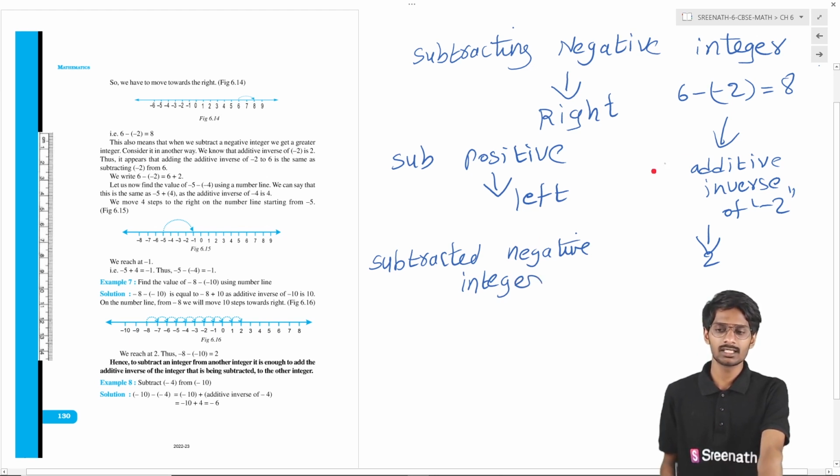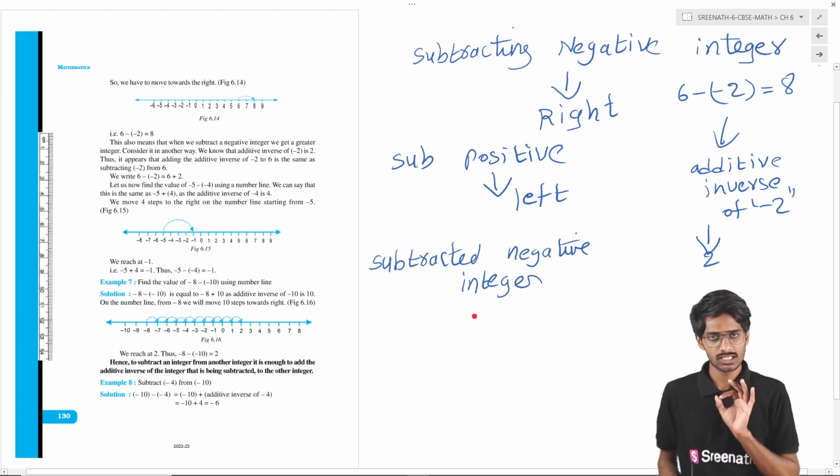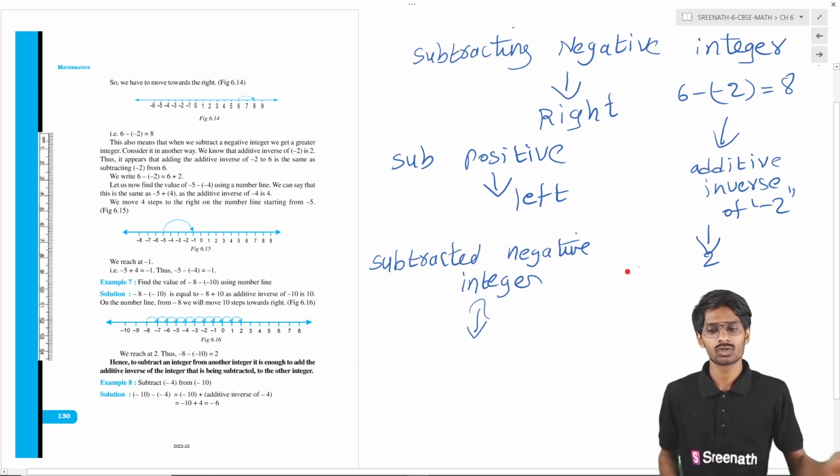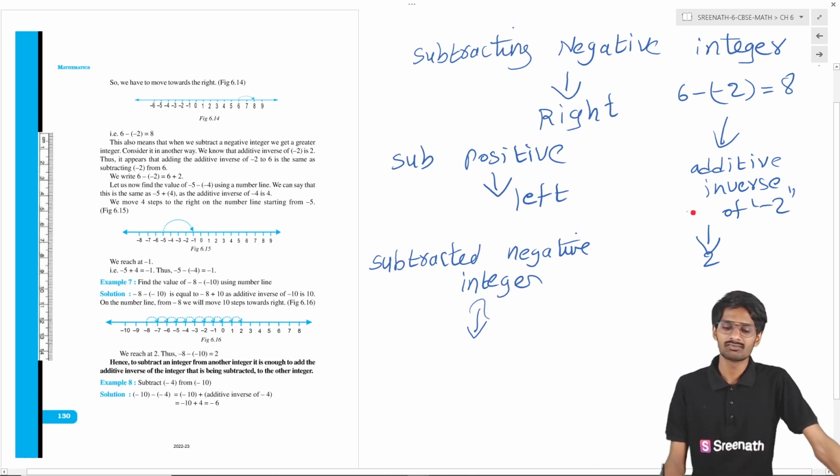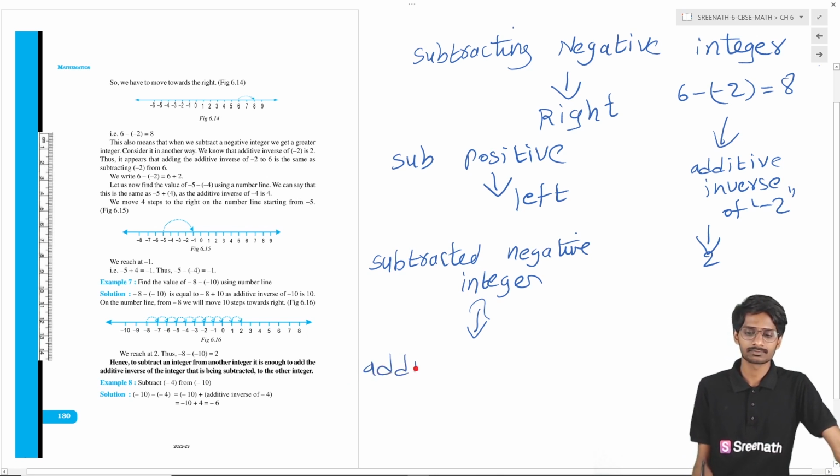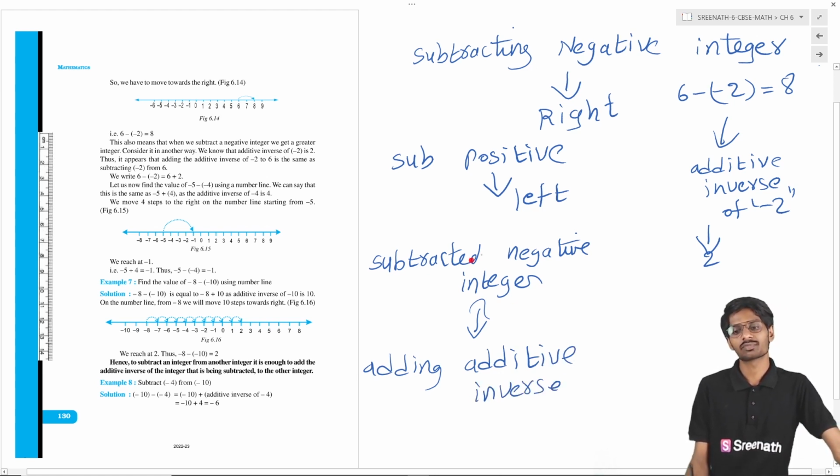Instead of this, what we are doing is finding the additive inverse. So now adding the additive inverse. Here we subtracted the negative integer minus 2. Here we are adding the additive inverse of minus 2.